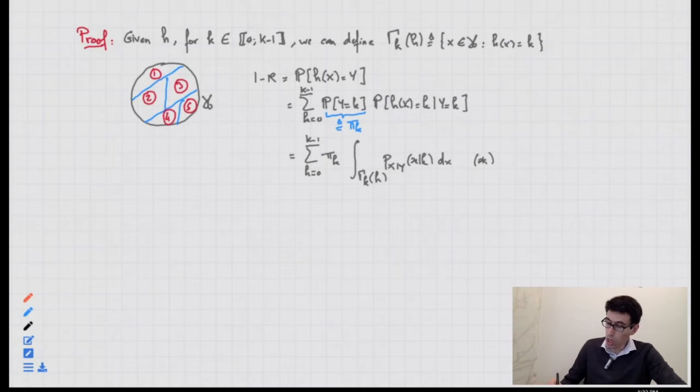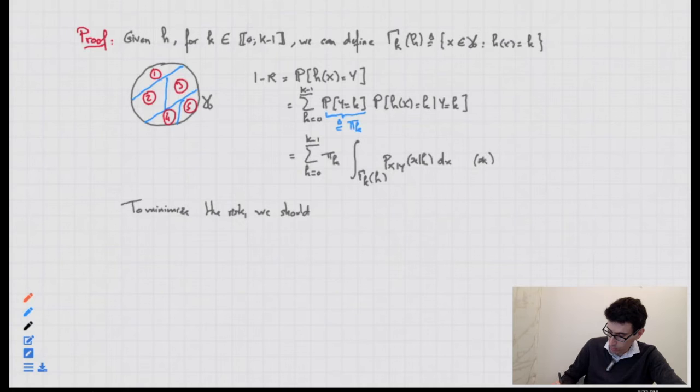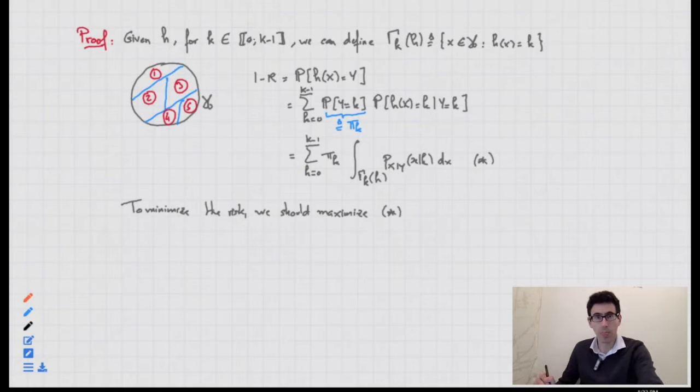If you want to minimize the risk, you should maximize 1 minus the risk, which means that you should maximize the expression that I'm indicating here. Okay, so to minimize the risk, we should maximize the expression star.